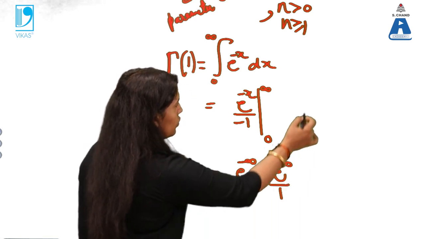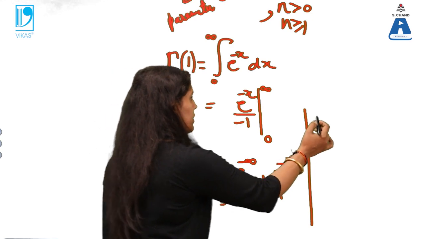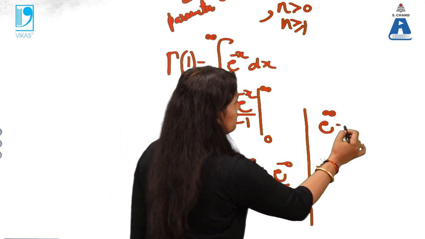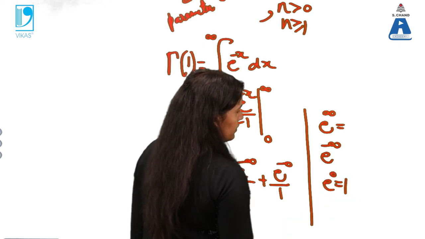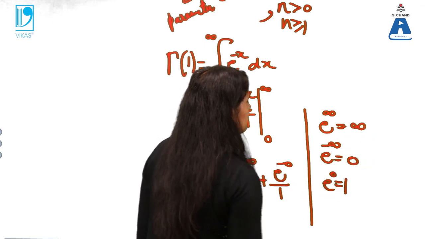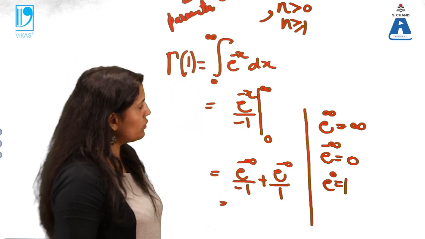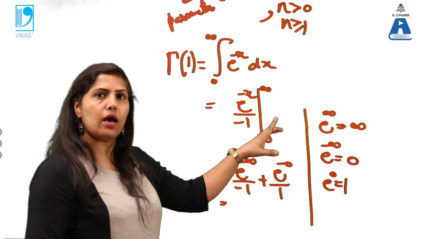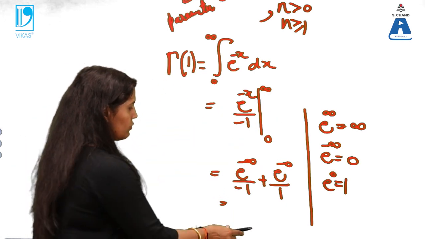For log and exponential, I have already told you the formulas in my previous lectures. e to the power 0 is 1, e to the power minus infinity is 0, e to the power infinity is infinity. Log and exponential functions are inverse of each other.